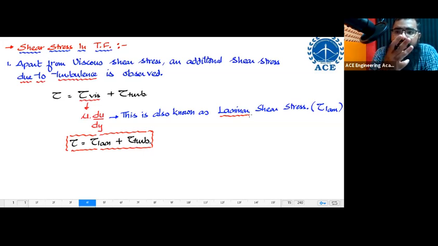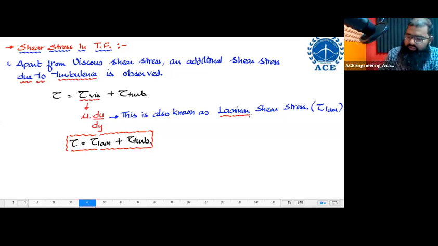Three people have given three different formulas, but with the same result. Formulas might look different, but they are going to yield the same result for us. These three people were Reynolds, Boussinesq, and Prandtl. We are going to call each formula after their particular name.